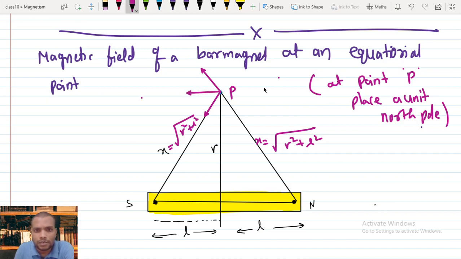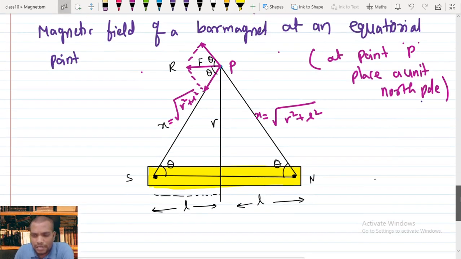So this will be the resultant of these two forces. So I can write this resultant force as F R, and this resultant force will make an angle theta, that we got.